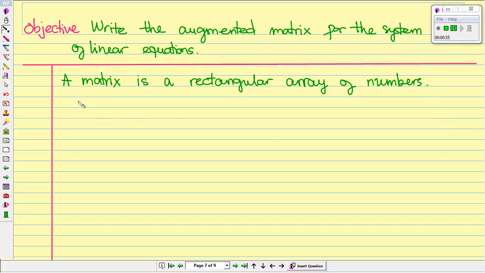So let's look at the example. If we have one matrix, then we call it a matrix, but if we have many, then we call them matrices.